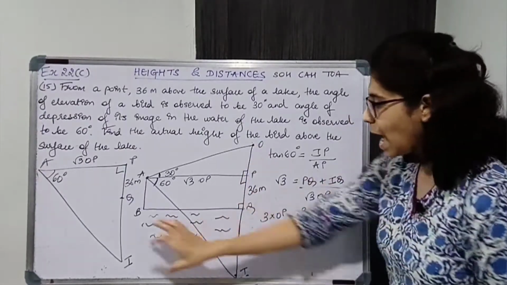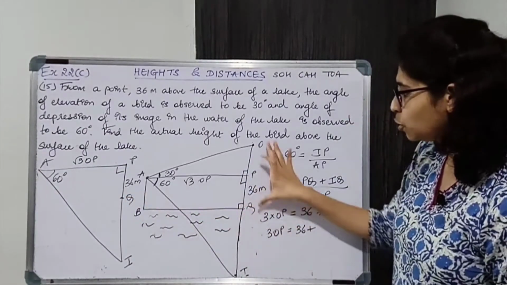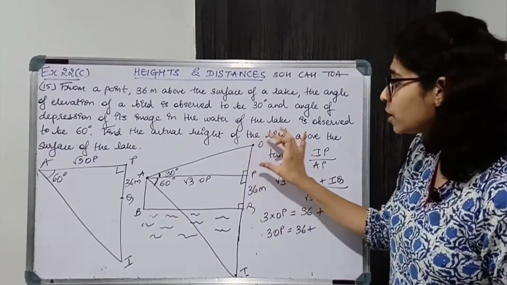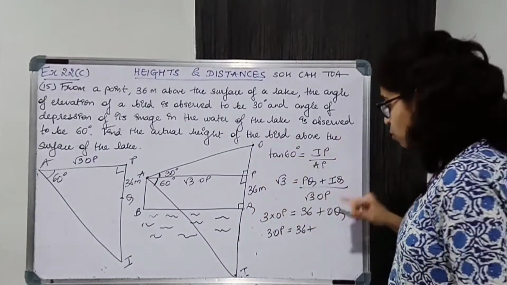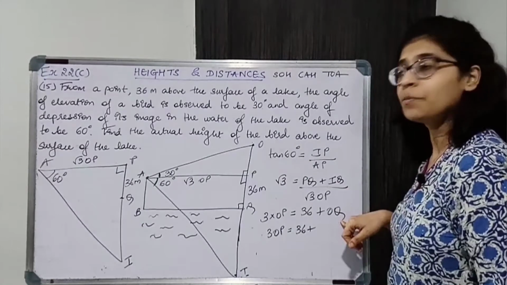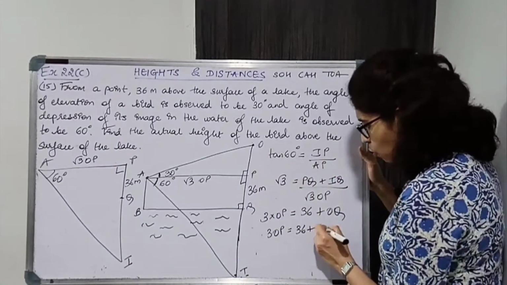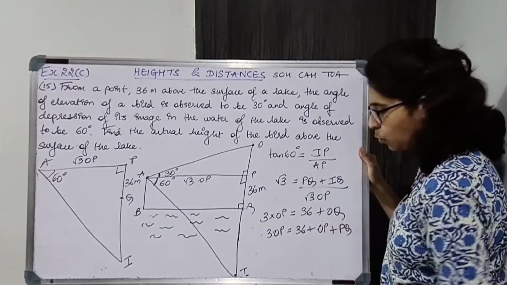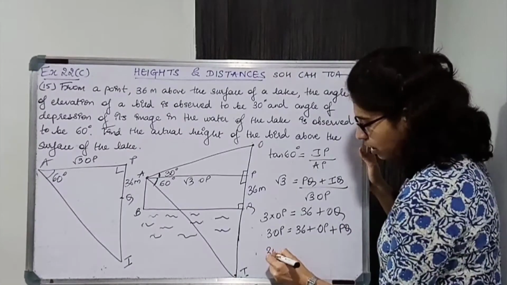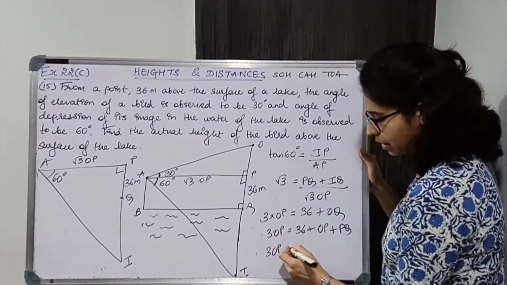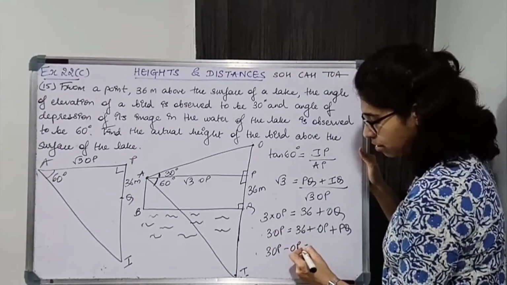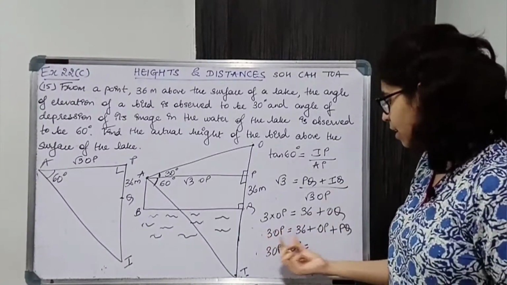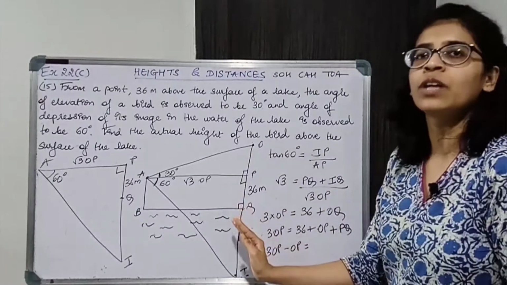Now OQ is what? It is OP plus PQ. So just split this again. OQ is OP plus PQ. So 3OP, I'll shift OP again over here, like terms together, theek hai. So it is like 3x and x, so you'll bring x together.